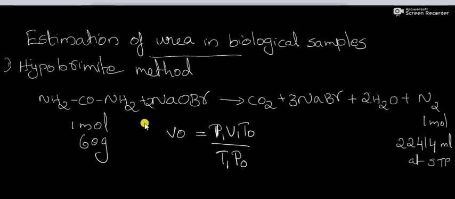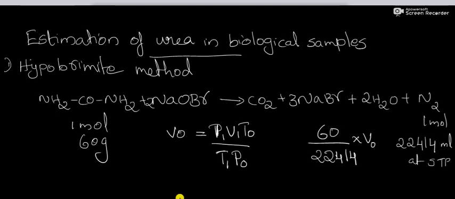Therefore, V0 ml of nitrogen at STP is liberated by 60 divided by 22,414 into V0 gram of urea.